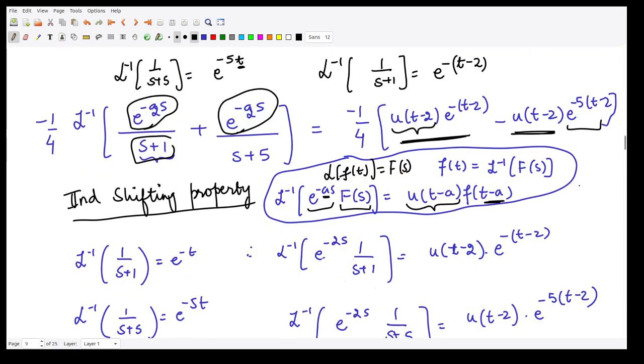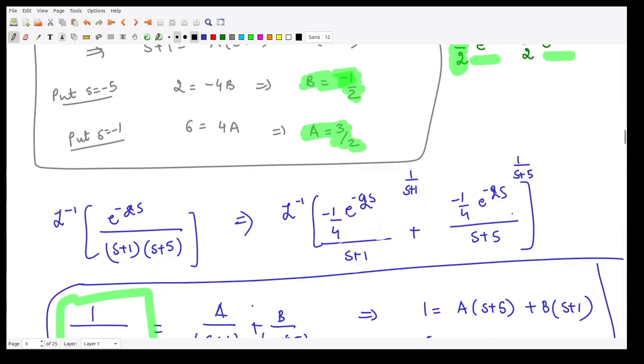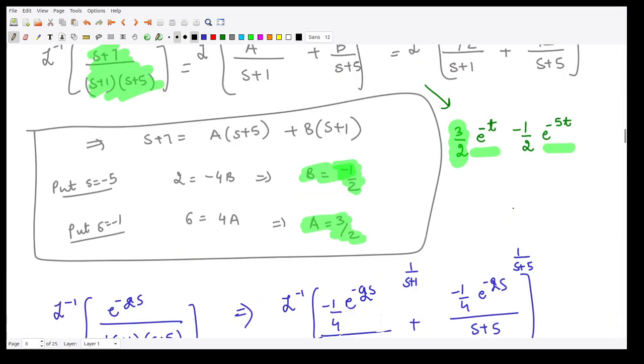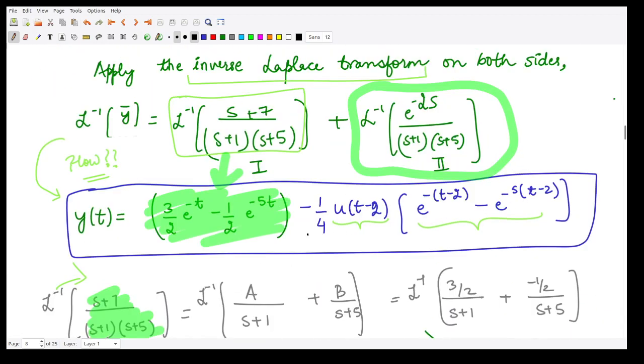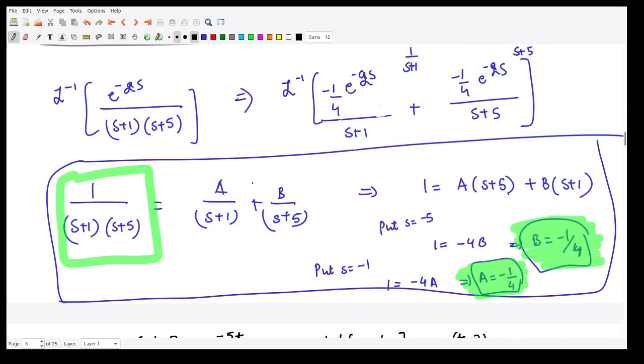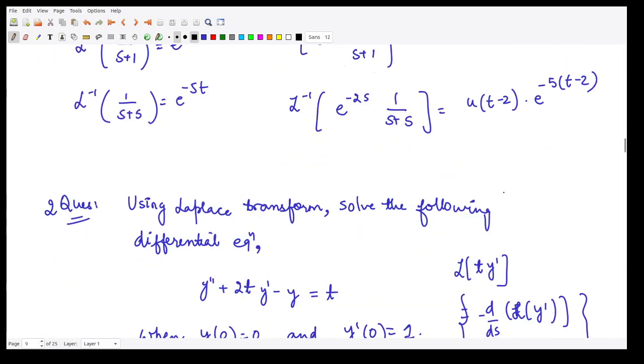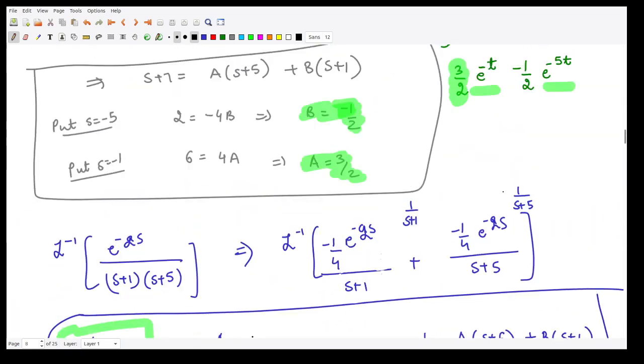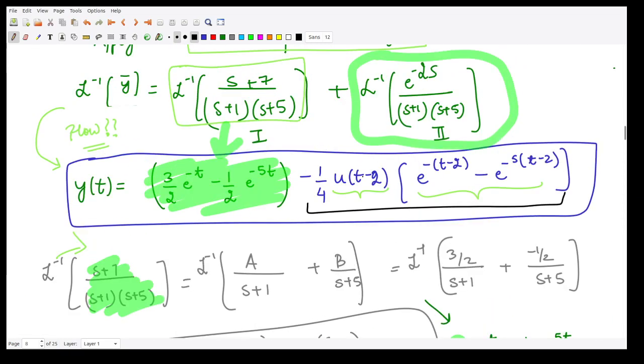Okay, so this is how we obtain the inverse Laplace transform for this second term also. So this is y of t, and our final answer is given by this expression.